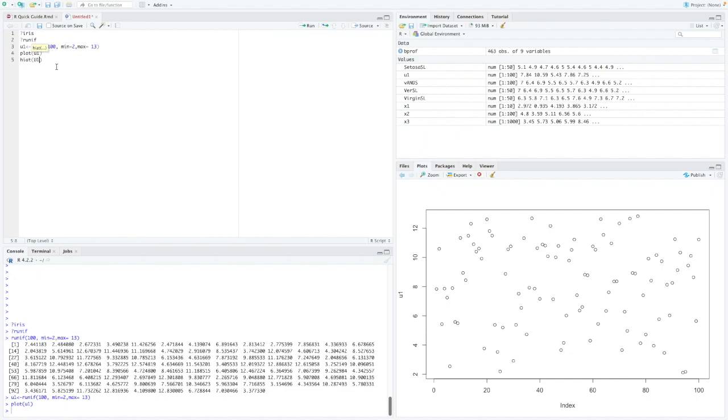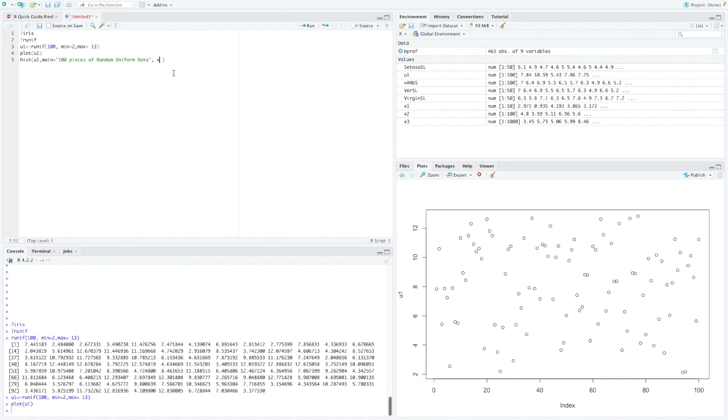of U1. And just as a little refresher, I could go ahead and label my main title. So it could be 100 pieces of uniform, random uniform data. And I want to label my X value, my Y value will be labeled.